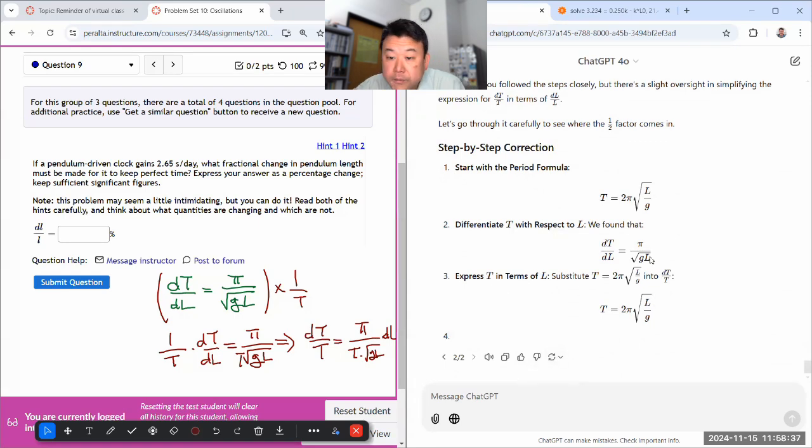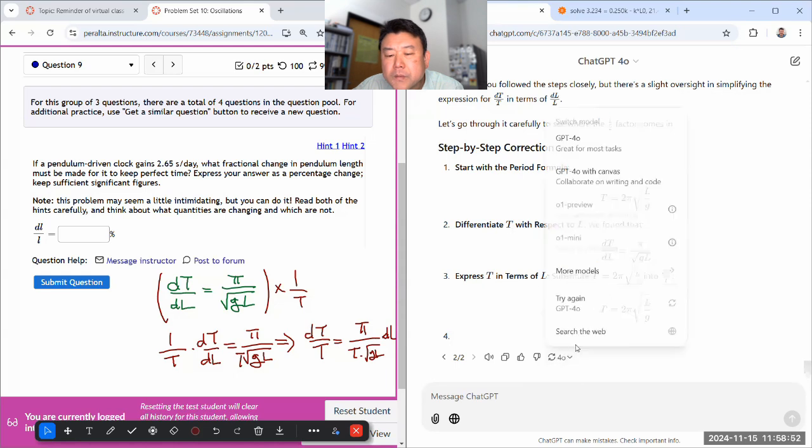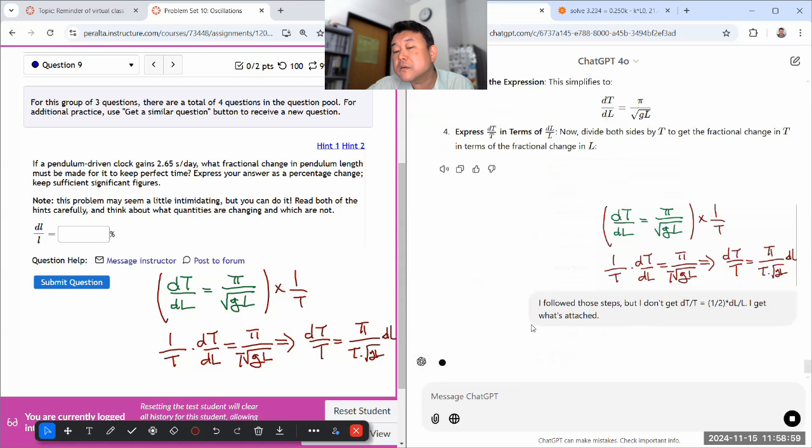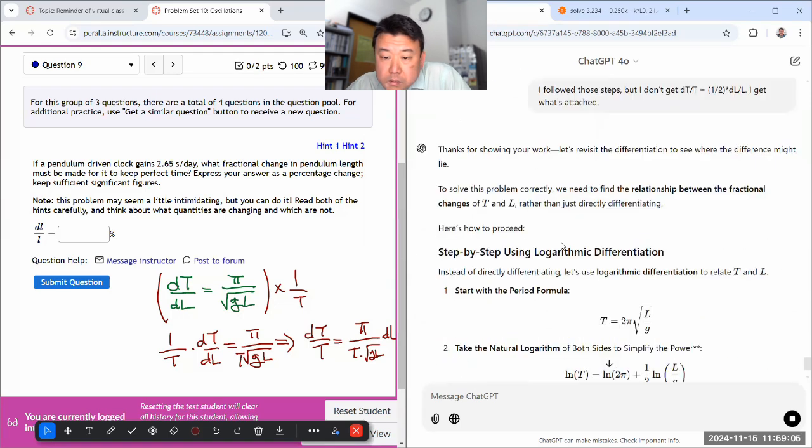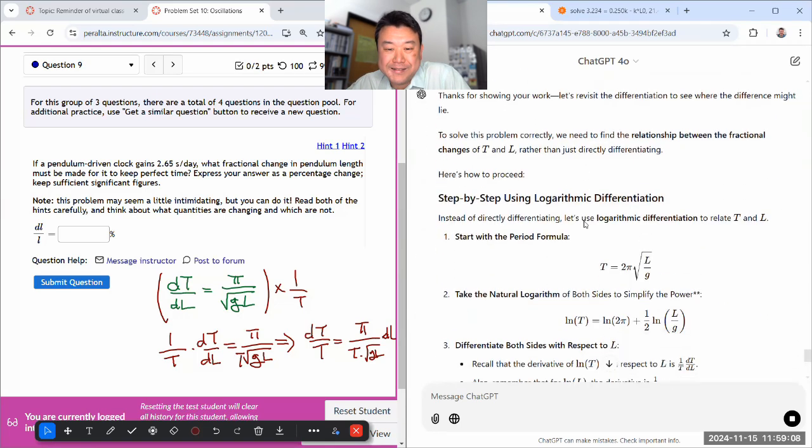Oh wait, so here, yeah, and substitute t into dt over. No, that's the wrong step. Maybe with the canvas. Logarithm.